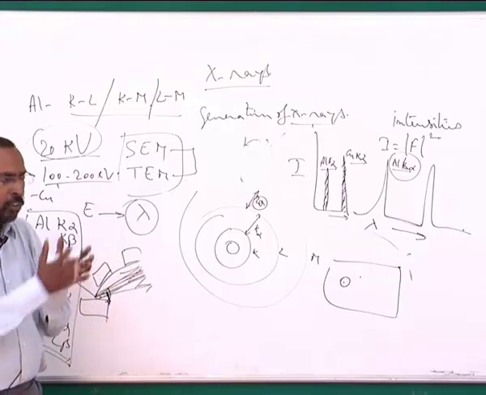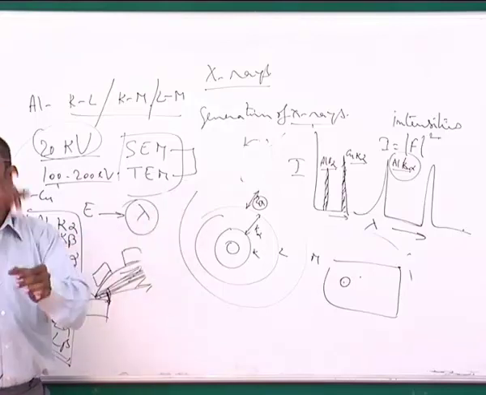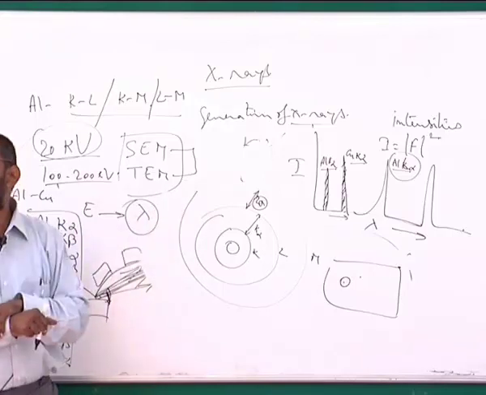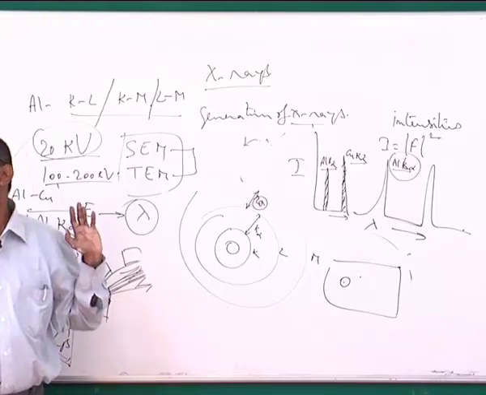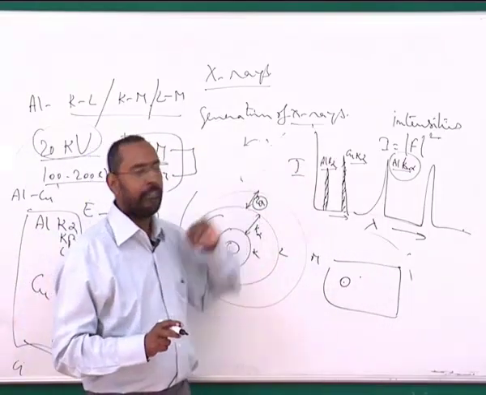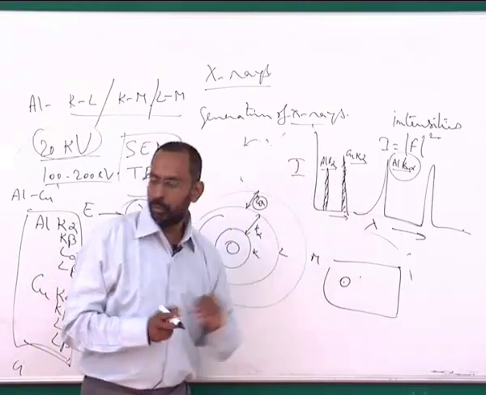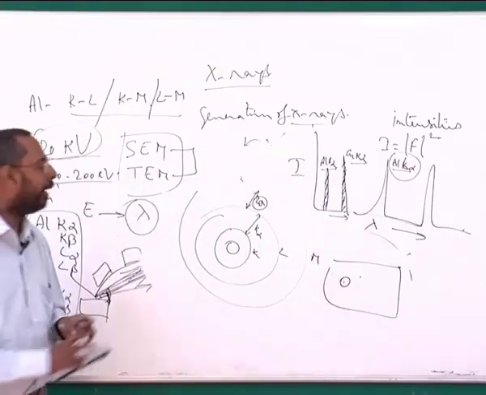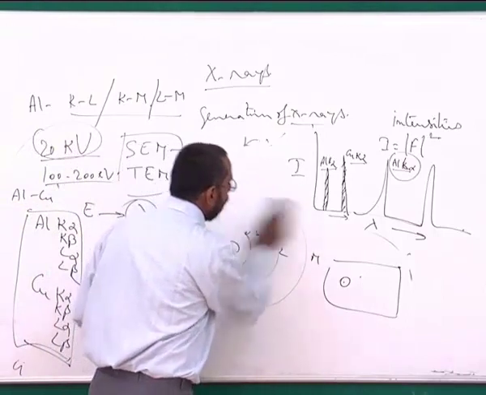As long as the diameter of the particle is much bigger when compared to the beam diameter, there is no problem. This is something which has to be understood, and one can find this out and get what is called the individual quantitative information of the particle.